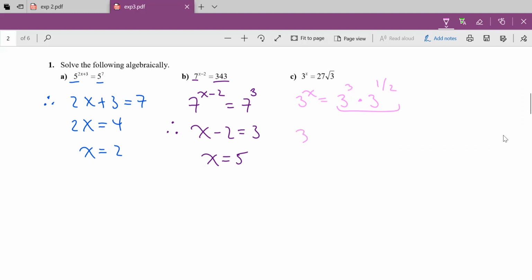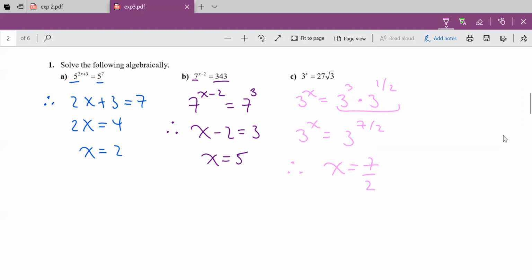So I'm going to simplify this first. I'm going to add those together. Right? What do we get? That's 7 over 2. And now bases are the same. Therefore, exponents are equal. And I'm done. Not so bad, right?